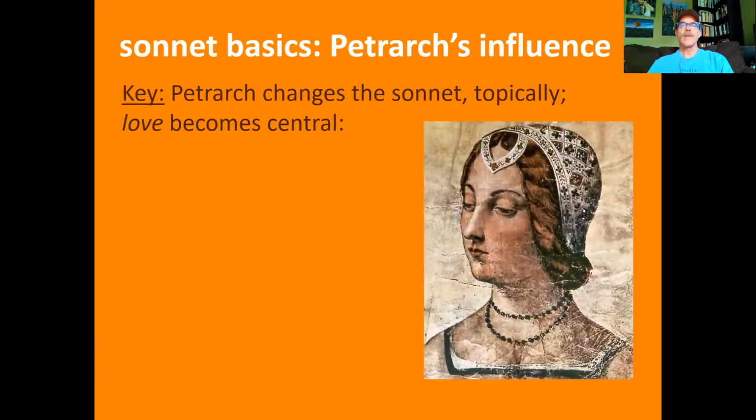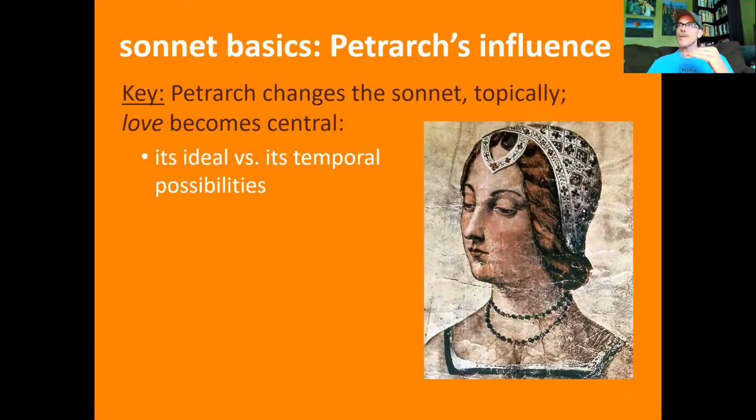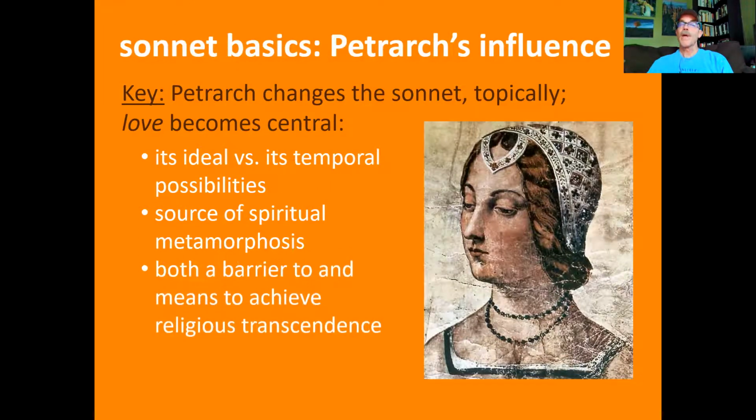So there's the lovely Laura. He uses the sonnet to explore love in its ideal versus its temporal possibilities. Love as a source of spiritual metamorphosis, as a barrier to, and paradoxically a means to achieve religious transcendence.